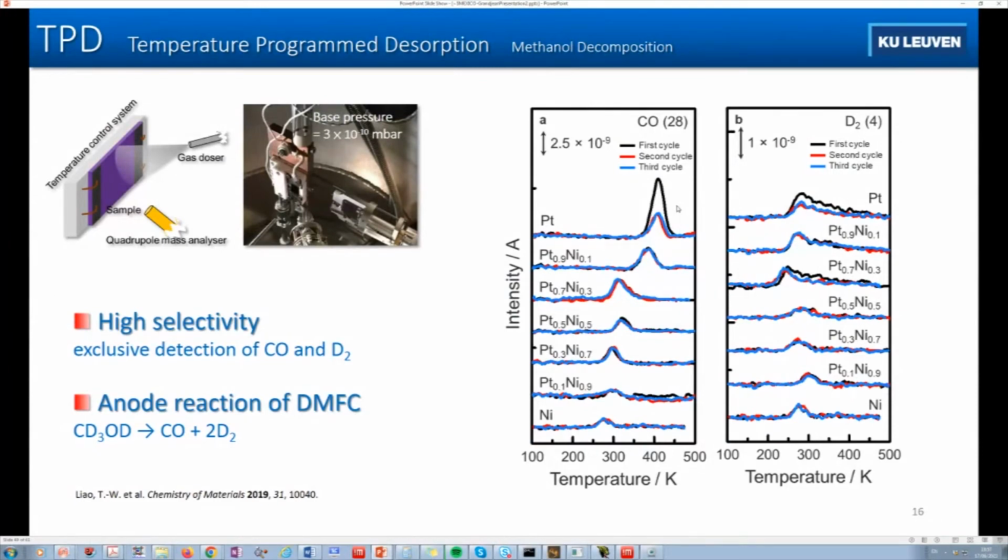So we know that CO is poisoning platinum. So this is one of the big issues. But you see also that if you increase nickel content, this poisoning is going down. So for instance, here you can desorb at lower temperature, then it doesn't move that much. If you look at D2, the adsorption, you can see also that you're decreasing the adsorption here, and then you have this minimum value here.